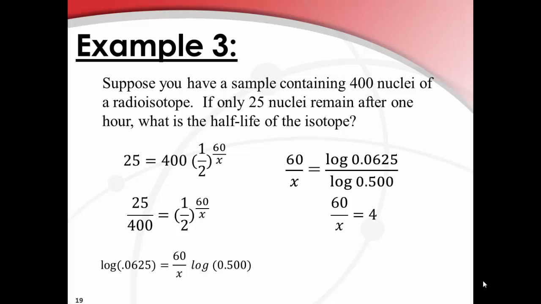Solving, I get 60 divided by x equals 4. 60 equals 4x, and x equals 15 minutes, so that each half-life period is 15 minutes long.